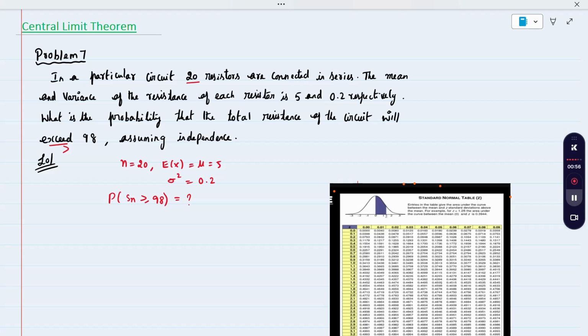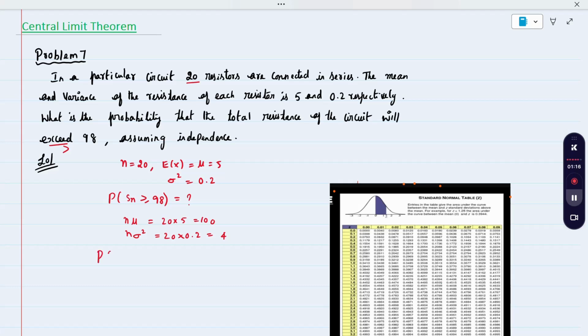Now first we will convert to n mu and n sigma squared. N mu is 20 into 5, which is 100. In the same way, n sigma squared is 20 into 0.2, which is 4.